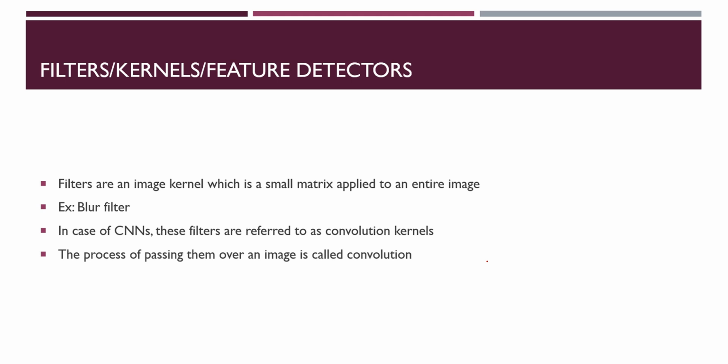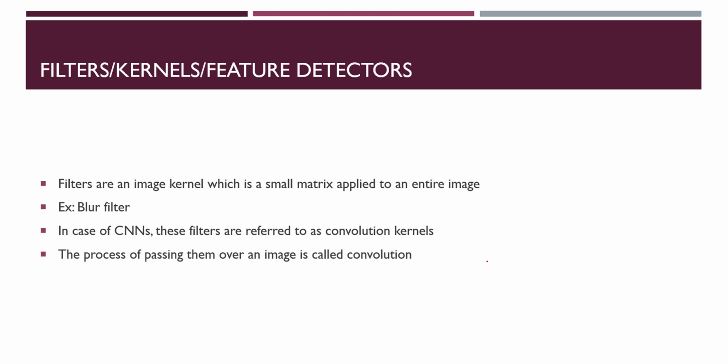So what are these? These are nothing but a small matrix which is applied to an entire image. For example, we have come across these in image processing, like you want to blur the image a bit, so you have a blur filter. In the case of convolutional neural networks, these filters are referred to as convolution kernels.